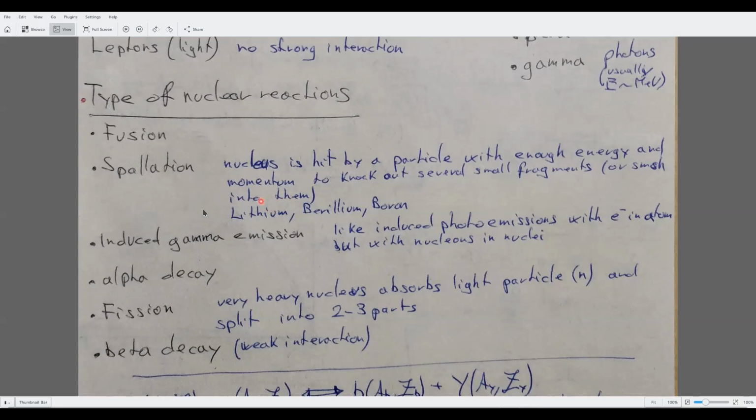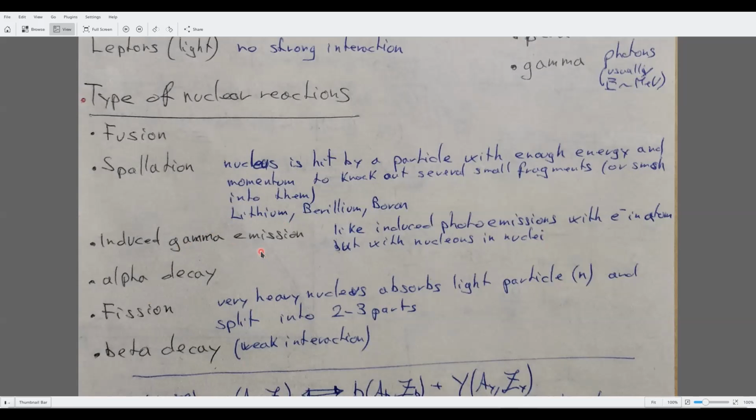The typical result of spallation is the production of lithium, beryllium, and boron, which fusion reactions didn't manage to produce. Sometimes they are produced but then destroyed by other reactions. This is also because lithium starts to burn really quickly inside the star, so it is quickly depleted by nuclear reactions.